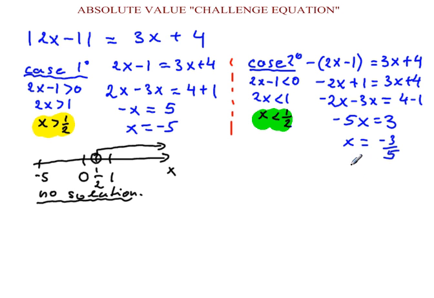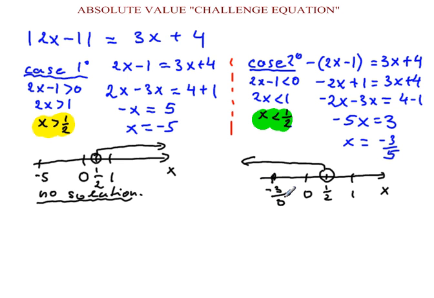Case number two, our domain goes in the opposite direction. So let's say this is 1 over 2, not including half, and negative 3 over 5 is definitely inside of the domain. I was going to put negative 3 over 5, so let me fix that.